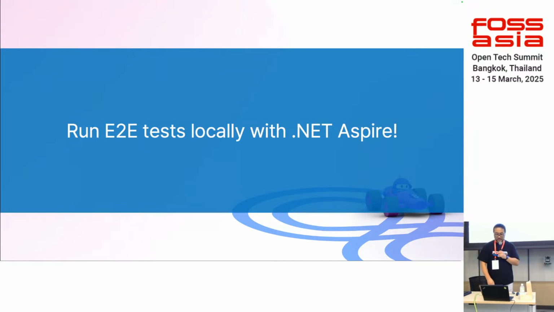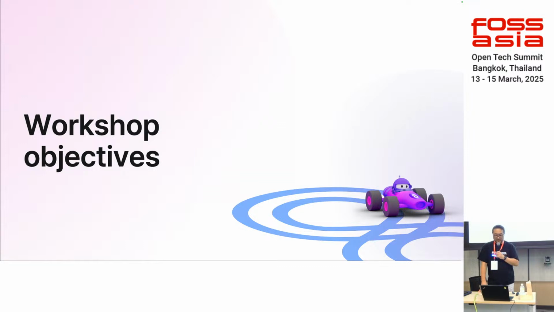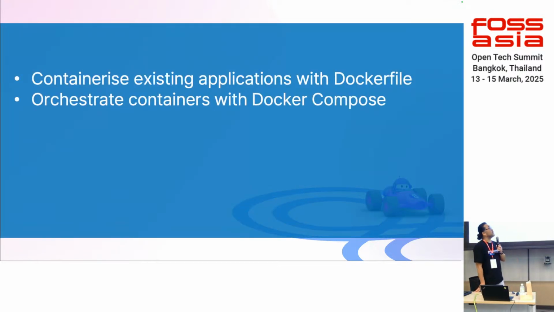Okay, I have spent so much time on talks here, so I will give you much more time for the hands-on sessions today. This is the objective of our hands-on workshop. The first one is that we are building an application.